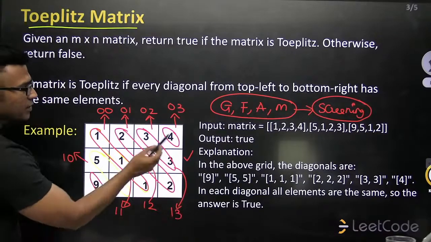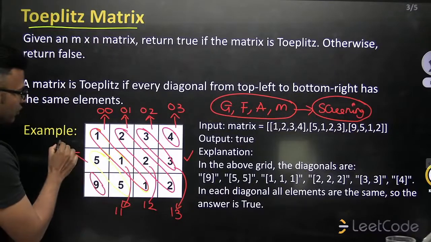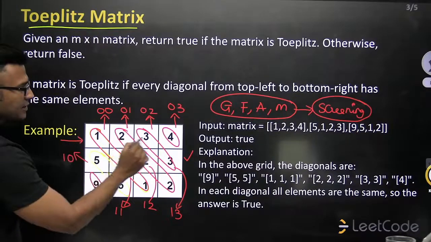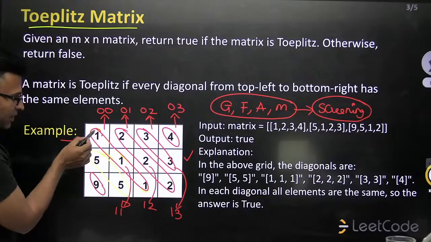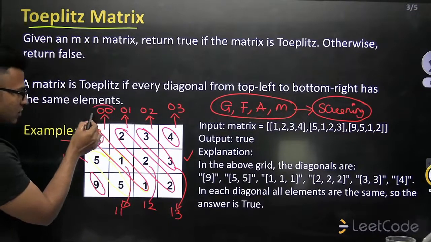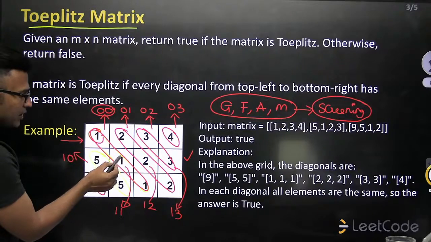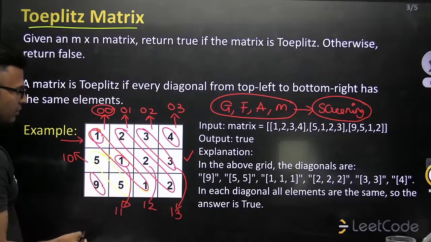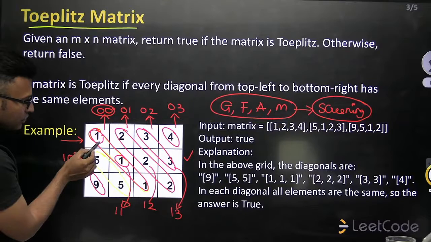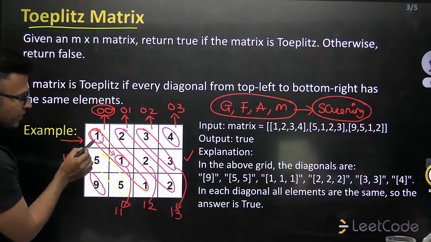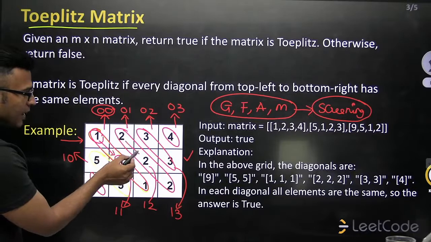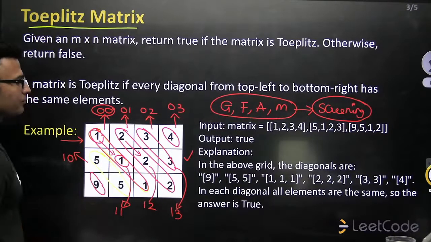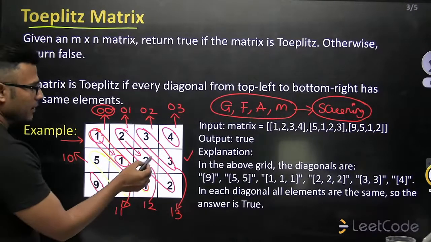Now we are going to write the code in such a way that we are going to traverse the entire matrix row by row, and when we are at an element 0 0, we compare it with the element 1 1, sorry, 0 0 element has to be compared with 1 1, and 0 1 element has to be compared with 1 2, right?